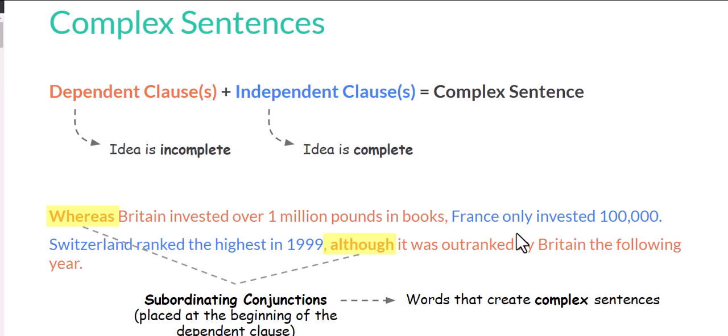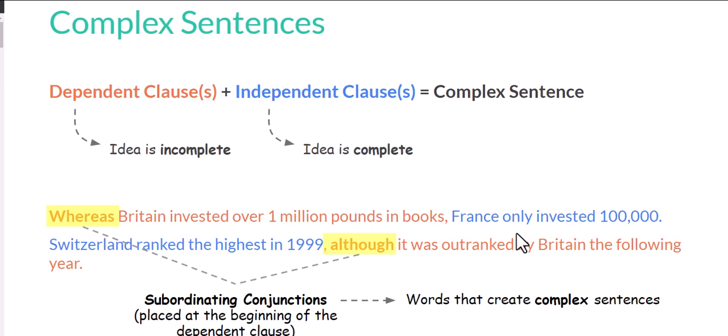First of all, what is a complex sentence? What do you think? Basically, a complex sentence is when we have a dependent clause plus an independent clause.